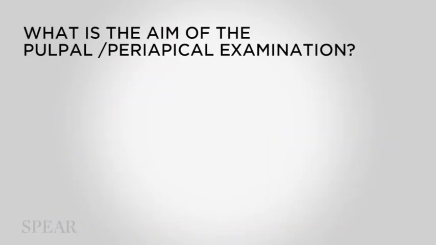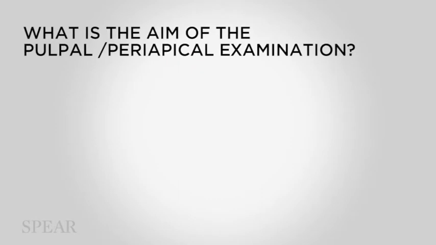So the aim of the periodontal examination as it relates to both the pulpal and the periapical diagnosis is to hone in most specifically on the problem that the patient is actually presenting. Yeah, localizing your focus.